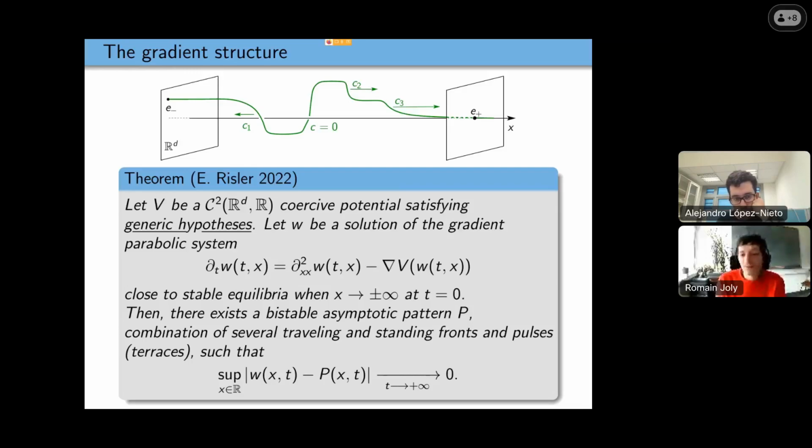You can do the same thing. The simplest case is just equilibrium points. Then you look to something which is close to an equilibrium point at plus and minus infinity, and the next level will be to understand what happens for more complicated patterns. It really depends on what you're interested in.